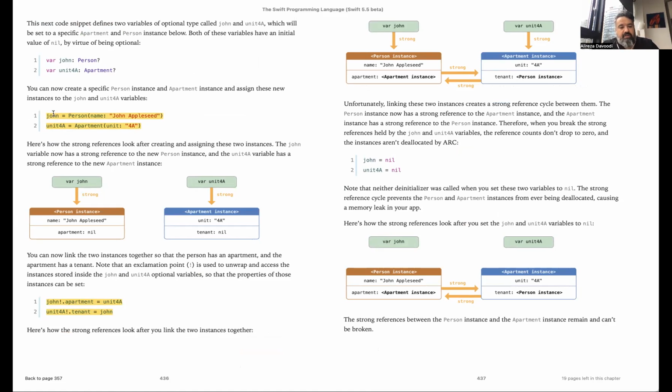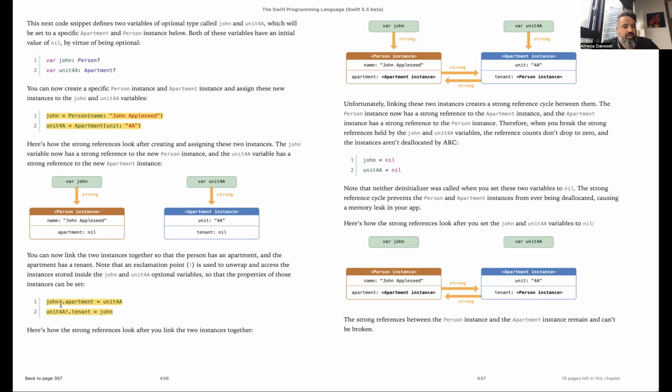When I say reference, I mean a strong reference. john is a strong reference to this location of the memory, which represents a Person instance. Similarly, unit4A is also a strong reference to this Apartment instance. But the person's apartment is right now nil because we haven't assigned it yet, and the tenant of type Person is also nil.